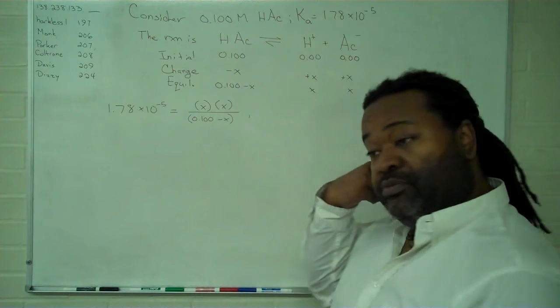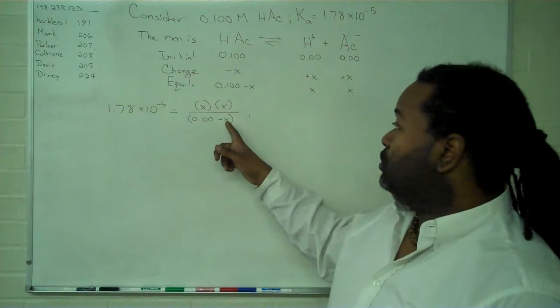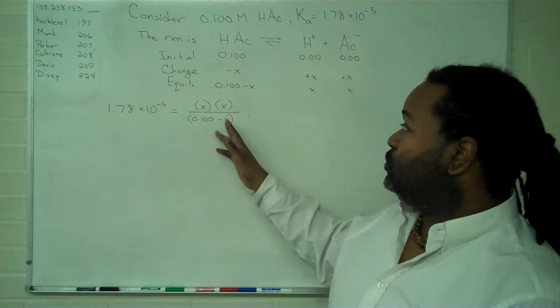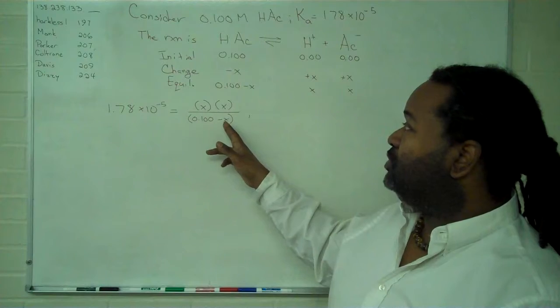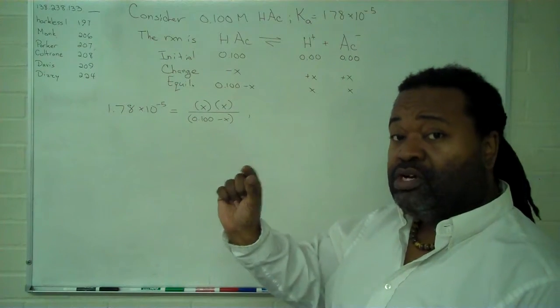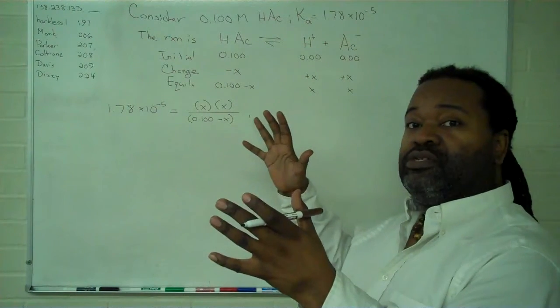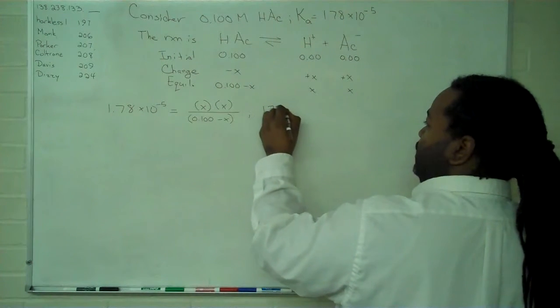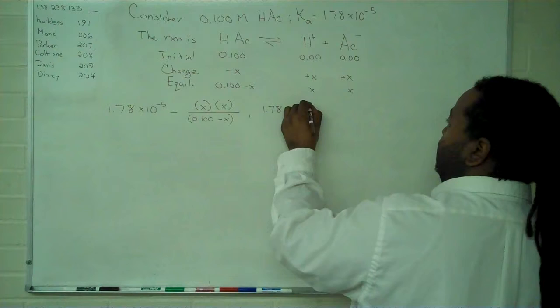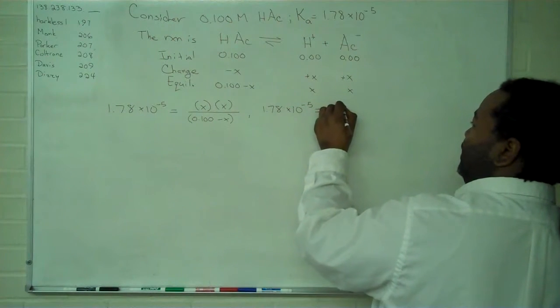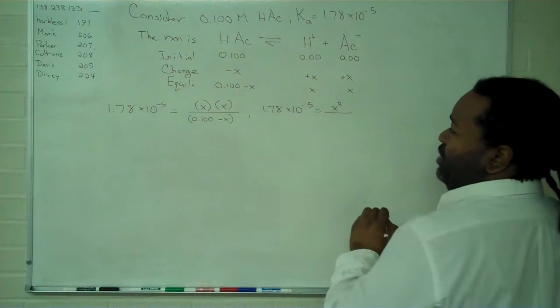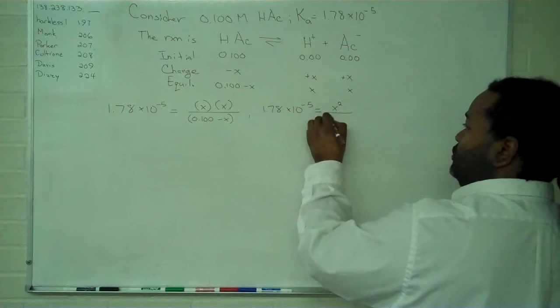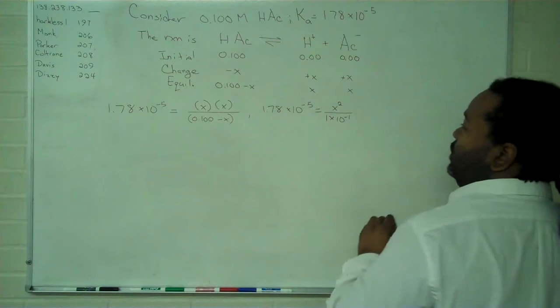Now, the approximation method says that we'll see what happens if we assume that the amount used up is very small relative to the initial amount. That means then that we can write that the Ka is going to be equal to x squared divided by 0.1. And so that's just 1 times 10 to the negative 1.